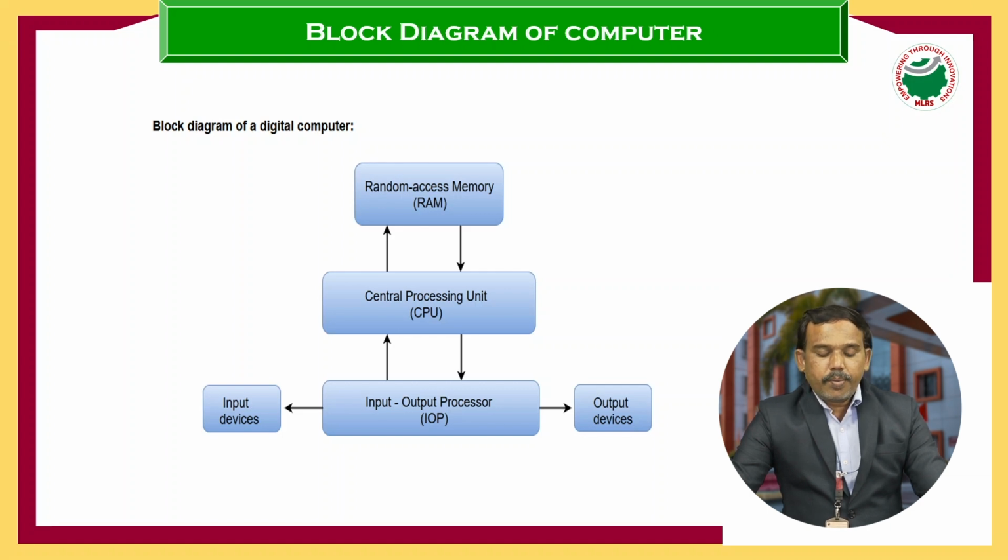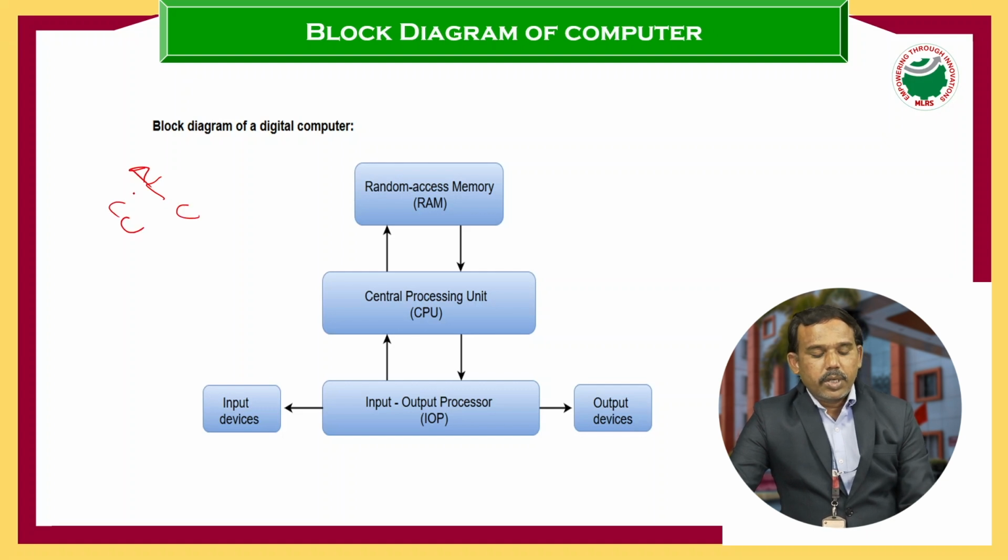In the central processing unit, the arithmetic logic unit and control unit are there. ALU stands for arithmetic logic unit, and CU stands for control unit. The ALU performs arithmetic operations like addition, subtraction, multiplication, division, and modulo division.